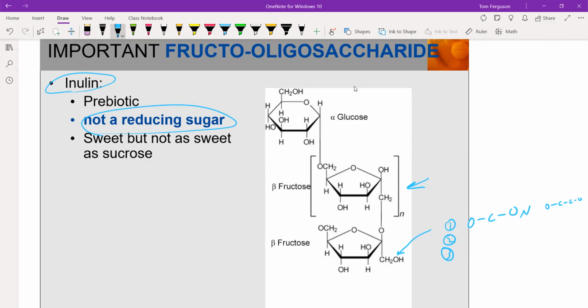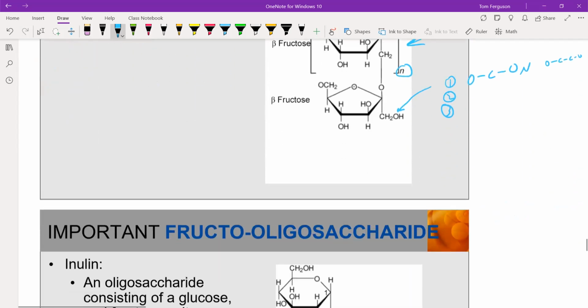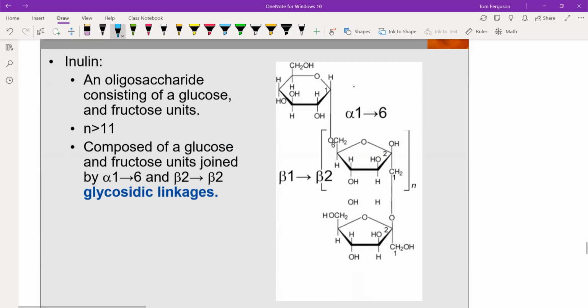Now, as far as how many fructoses we have, if it's inulin, it's greater than 11. 11 or greater. Now, let's analyze the linkages here. Okay, so we start with glucose up here.